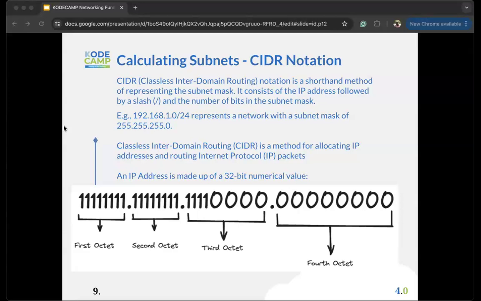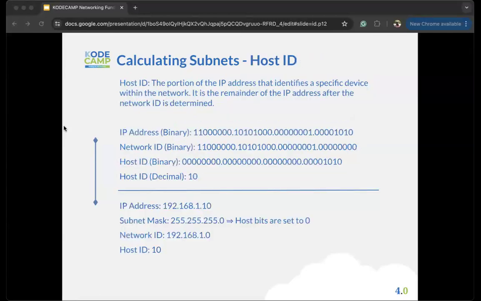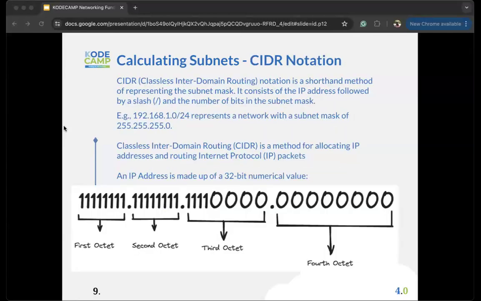How this works is that your IP address, given to you as a decimal value, 192.168.1.0, can also be represented, in fact, as you know, computers communicate with binary. When converted to a binary format, you have a 32-bit numerical value.